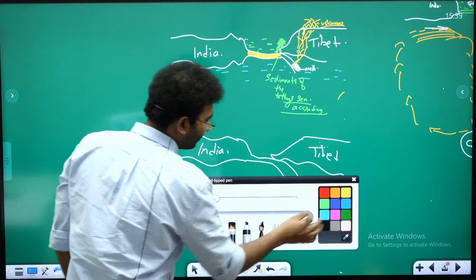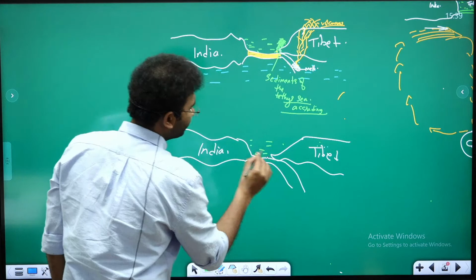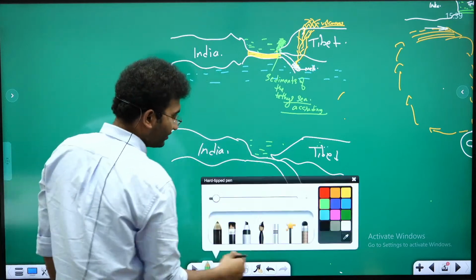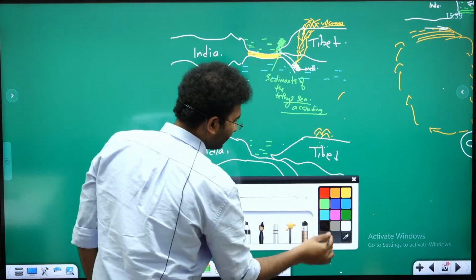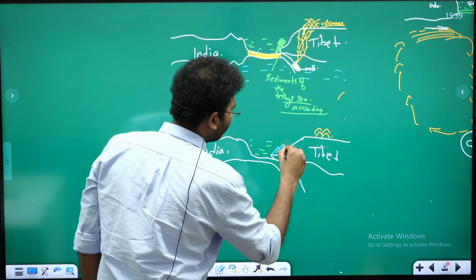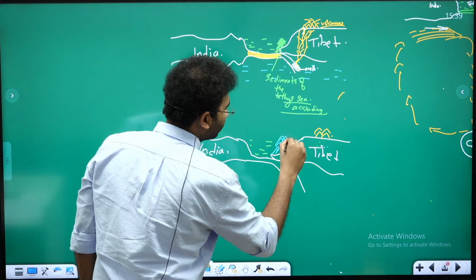Now the size of the oceanic plate is shrinking down. In this process, you got to see some volcanic material here, and you also got to see the rise of the ocean material onto the Tibetan plateau. Right?